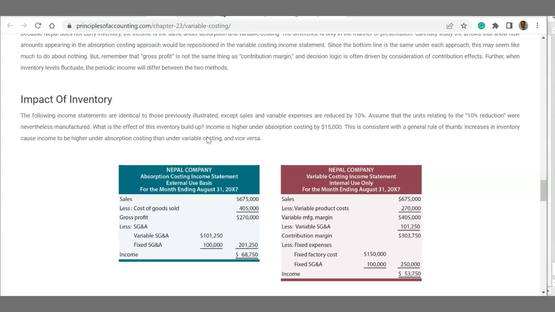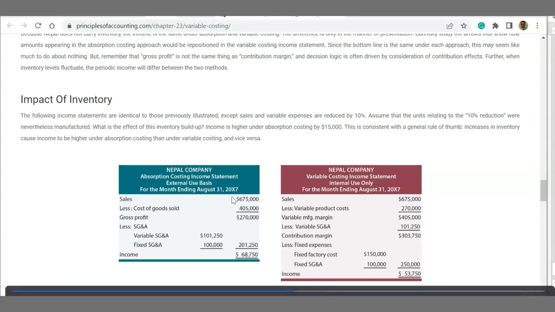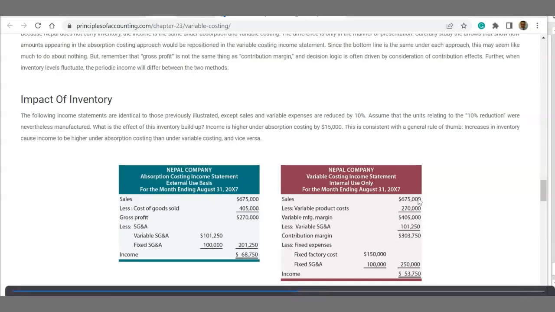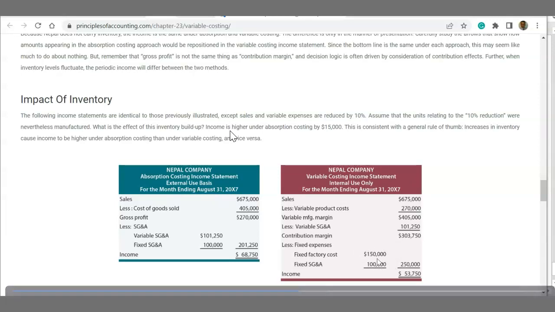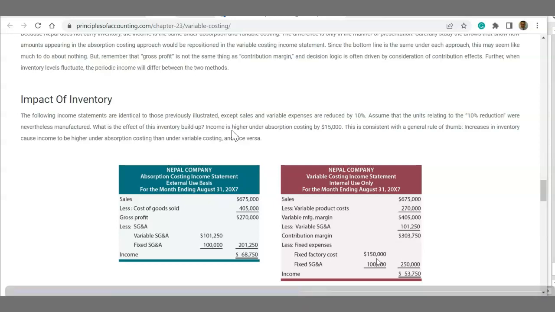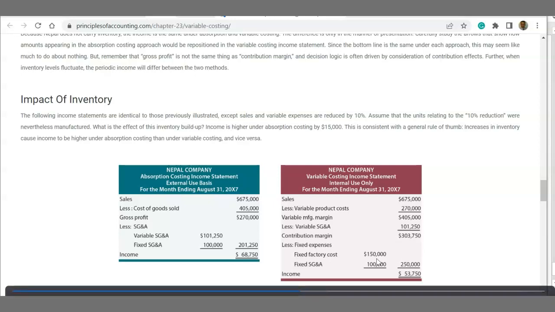So in this example, we produced more and we sold less. Under variable costing, if you produce more and you sell less, then you will expense only the variable cost, right? But you will expense the complete fixed overhead. So all fixed expenses under variable costing will be expensed immediately in that time period.